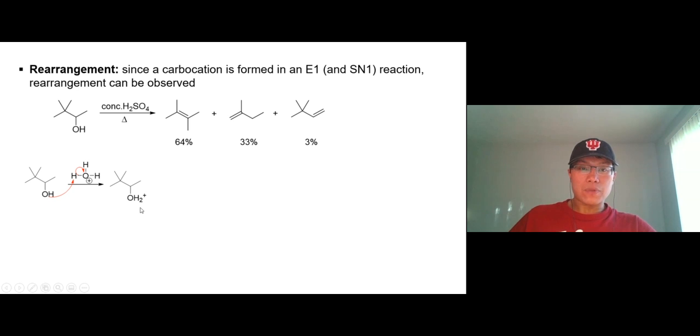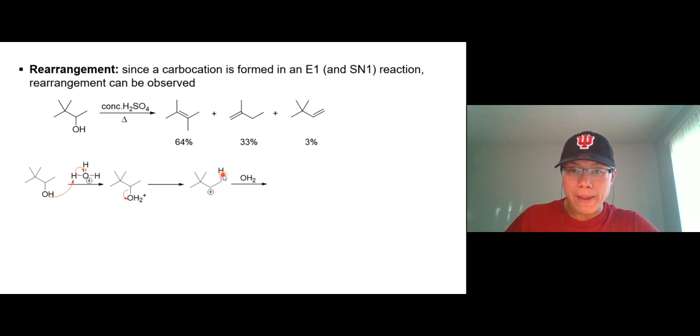So this is a better leaving group now, and it leaves. What do you get? Secondary carbocation. That's highly possible that this guy will rearrange. Just go with the flow first. Beta hydrogen right there, alpha, beta right here. You can do elimination. You get the first product there, only 3%. Who cares? This is really minor.